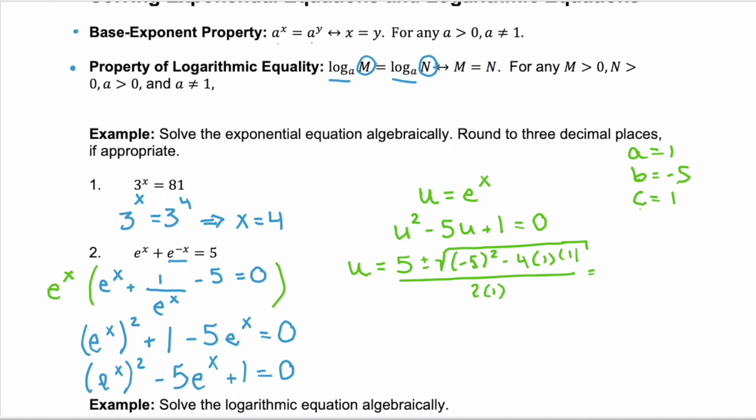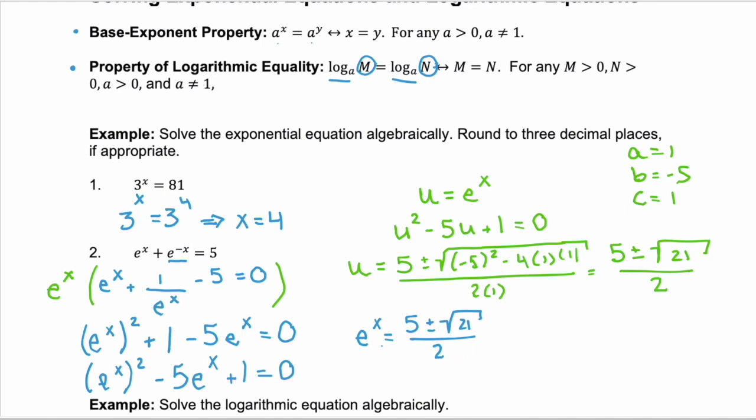I'm going to simplify this for you, and we end up getting 5 plus or minus the square root of 21 over 2. And that's what u is. But at this point, we want to change back to say that e to the x equals this 5 plus or minus the square root of 21 over 2.